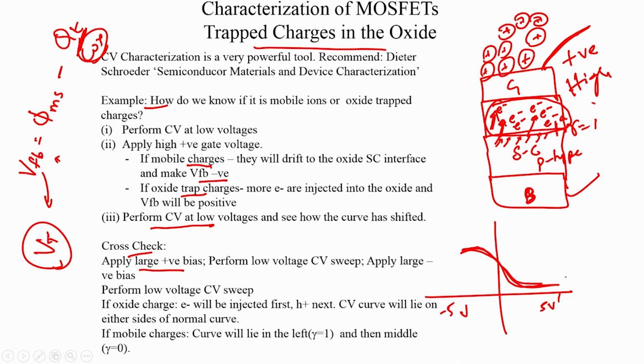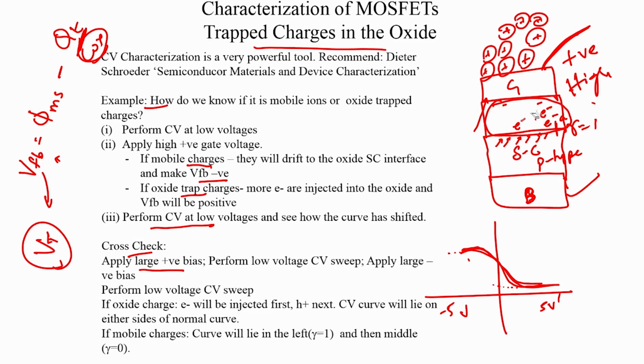and now we will apply a very large positive bias and perform the CV characteristics, and if it is mobile ions, they are all shifted to the left. And now we take out the device and apply a very large negative bias, which means that these mobile ions will now start drifting towards the gate insulator interface.